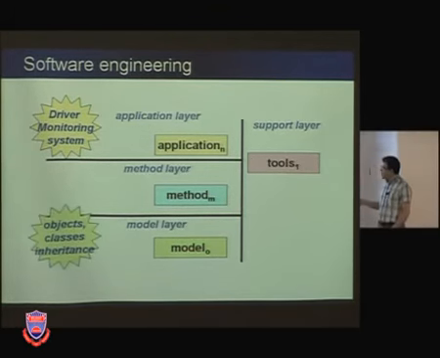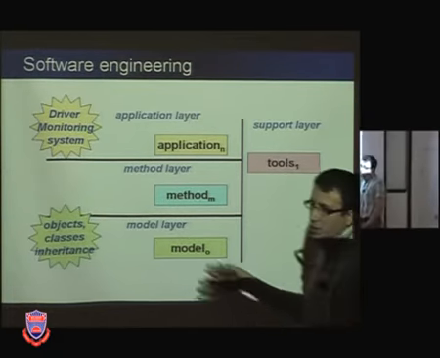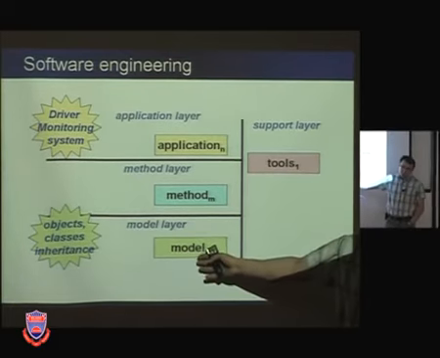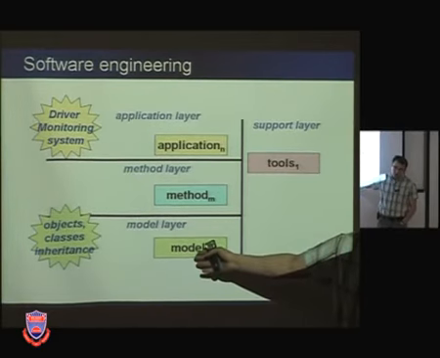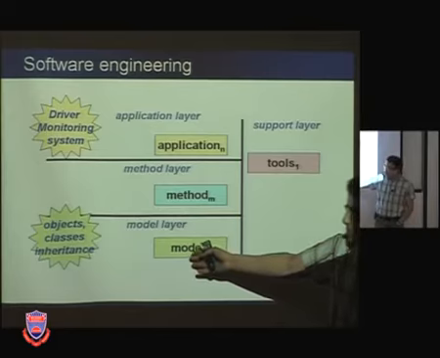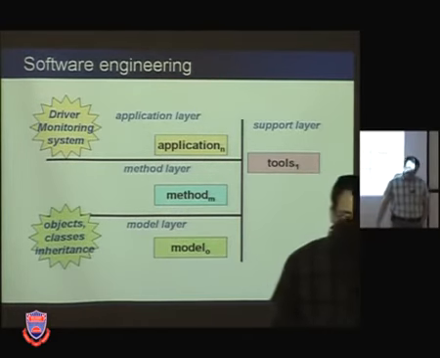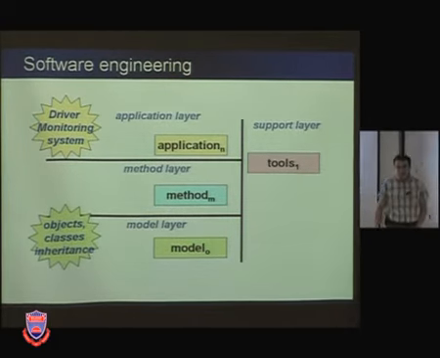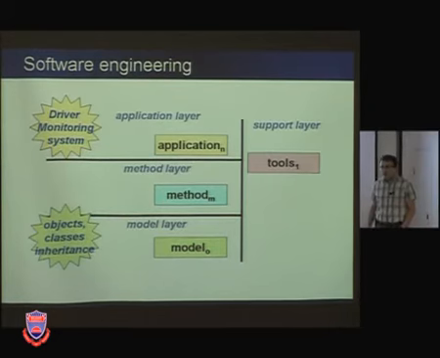Then we have a model layer. We build these applications using these models or artifacts. So what is in the modeling layer from the architecture design perspective? It's like object classes, if you take object-oriented design.